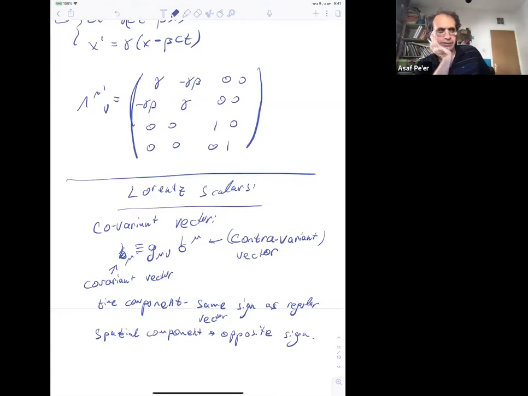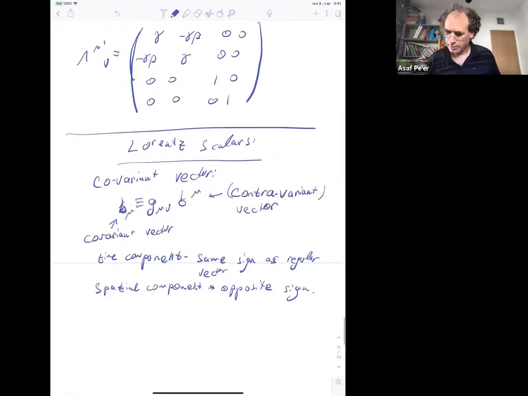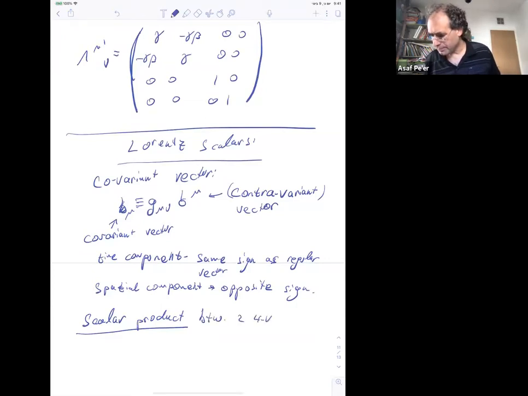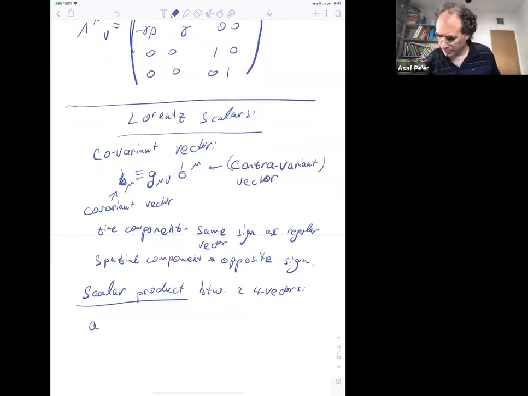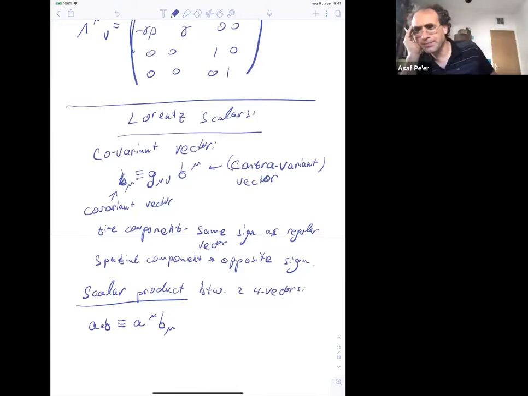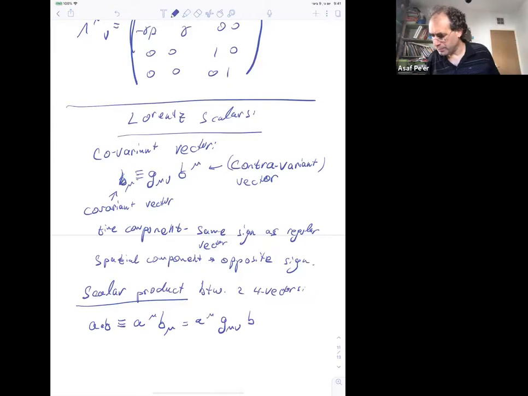Now I can define the scalar product between two four-vectors. That's the definition. The scalar product A dot B is defined by A^mu B_mu with a lower index. So I actually have to use the G_mu_nu matrix, and I can write it as A^mu G_mu_nu B^nu.